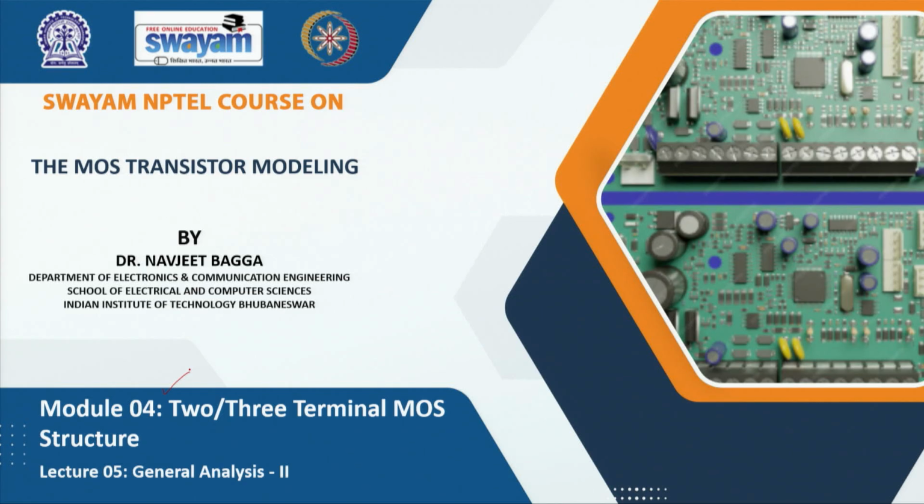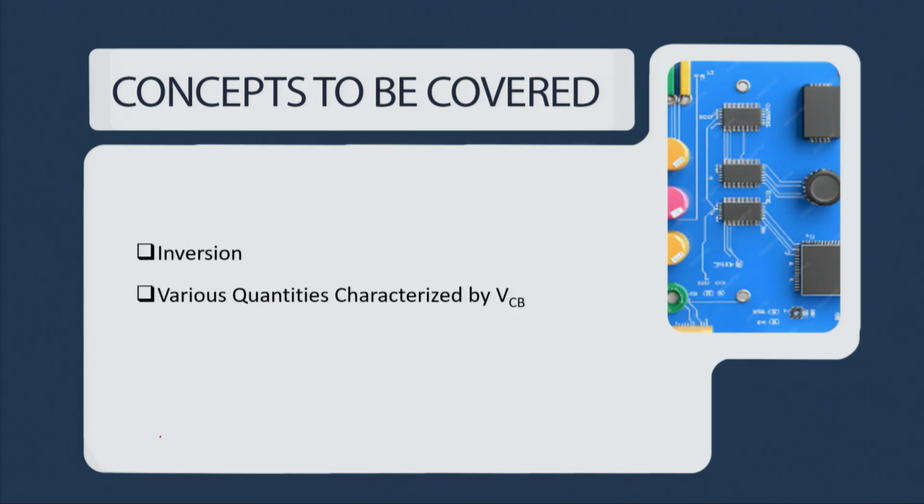We are in module 4, lecture number 5, General Analysis 2. So, in the previous lecture, we started analyzing the 3-terminal MOS structure, where we said that to provide an additional connection to this inversion layer, we have added a third terminal, which we called C, and this voltage is VCB.